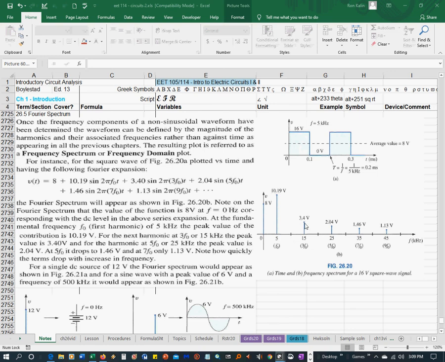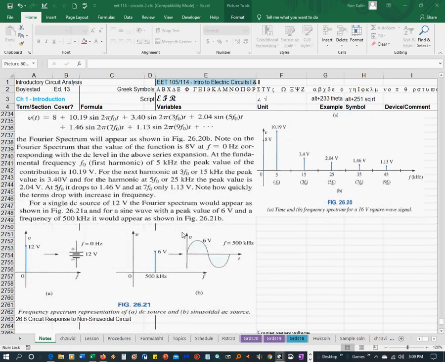There is some contribution, a magnitude for each. Even though these might be small, they're still going to be there. If they get big enough, they can be a problem in the power grid, and they might need to be cleaned out, especially in a factory or laboratory setting where you have sensitive equipment. You don't want these frequencies to invade your measurements or whatever you're trying to do with the power.